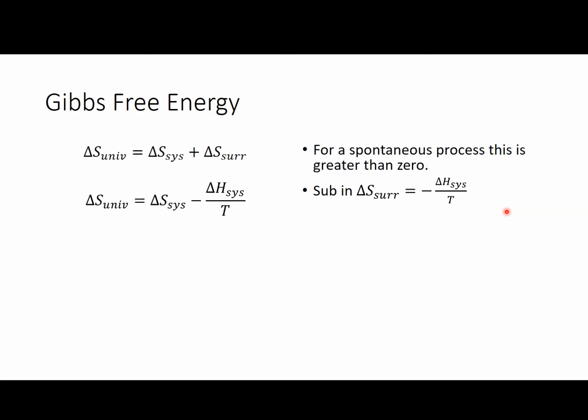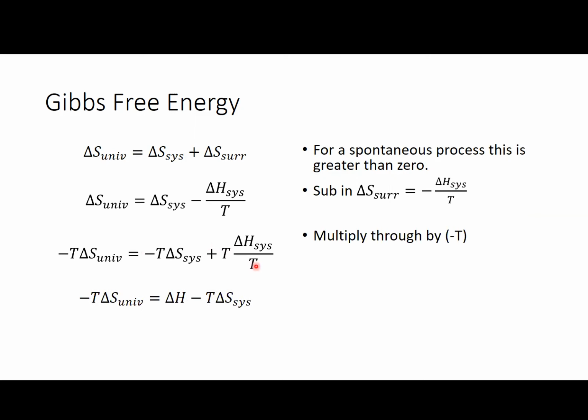So this is something we came across in our last class. If we recognize this and we substitute in there, we end up getting this expression. And I'm just going to multiply everything here by negative T, so everything's got a negative T multiplied by it. What that's going to do is cancel out the 2 T's that are right here.